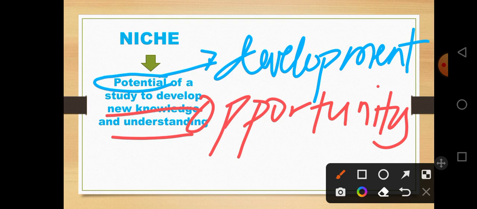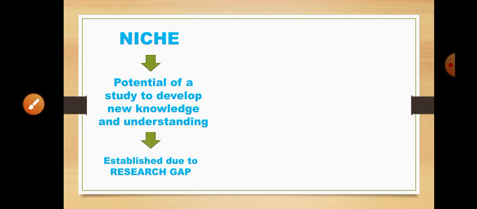However, there is a question. Why do we need to establish our niche? Why is there a need for us to showcase the potential of our study? There is a need to establish a niche because there is an existing research gap. And what do we mean by research gap?